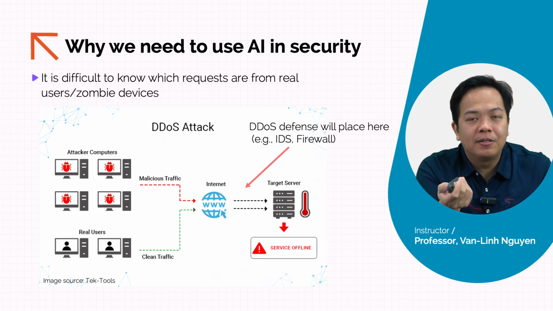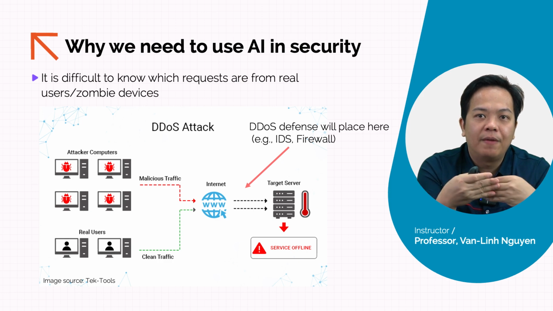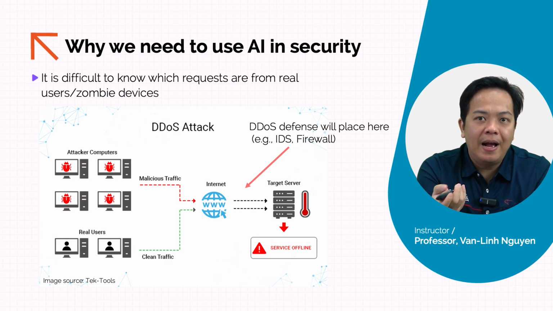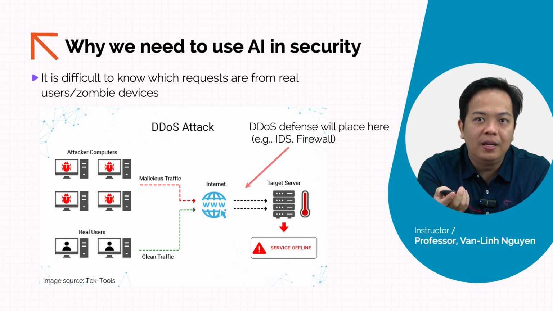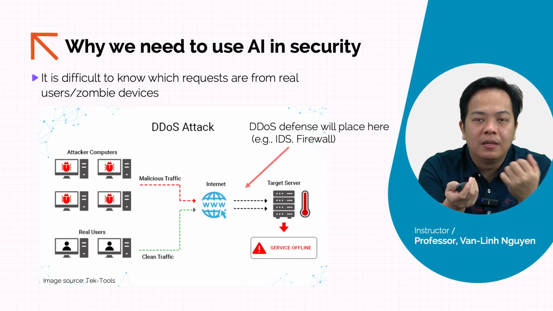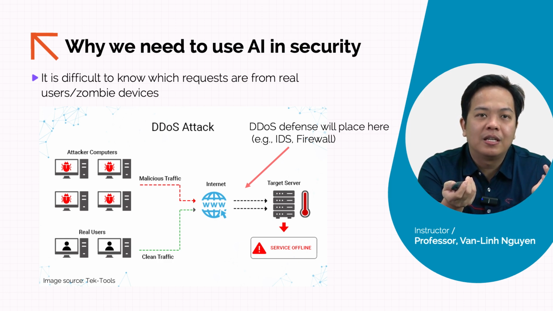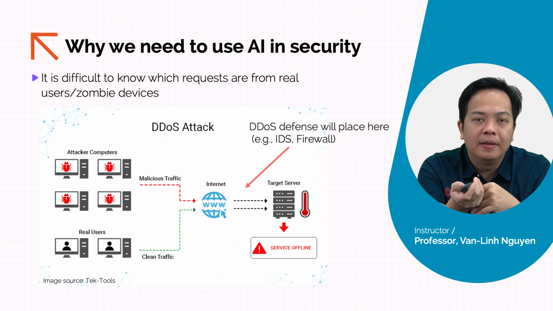The problem is that after the traffic goes through the router and reaches the target server, the traffic is mixed. So the question is, how can we know which is malicious traffic and which is clean traffic? That is the basic question. You can use several approaches, like using a firewall to block traffic from a specific IP or specific countries.